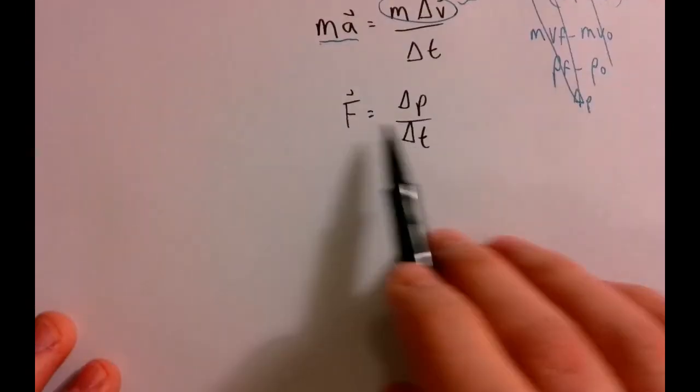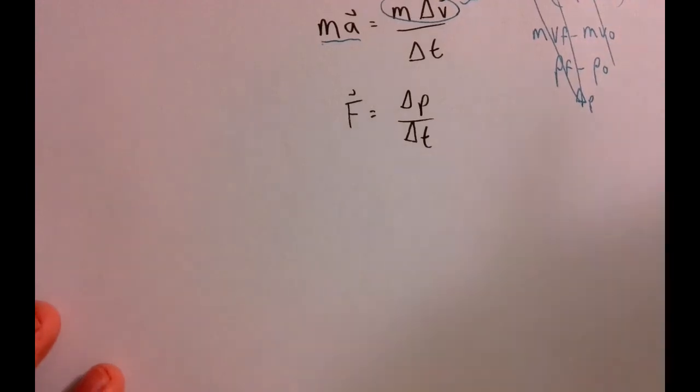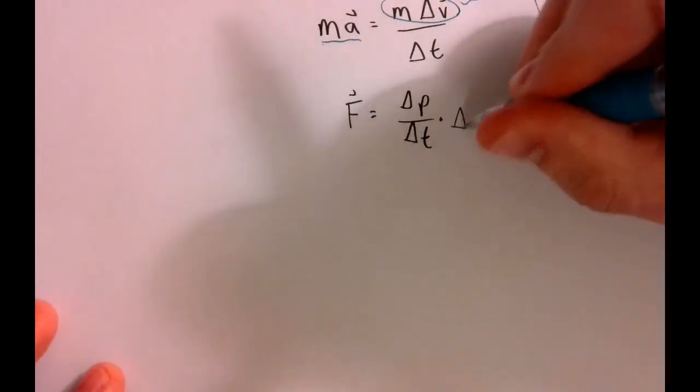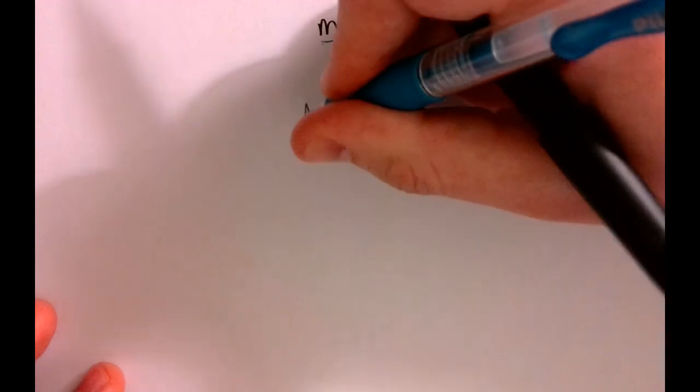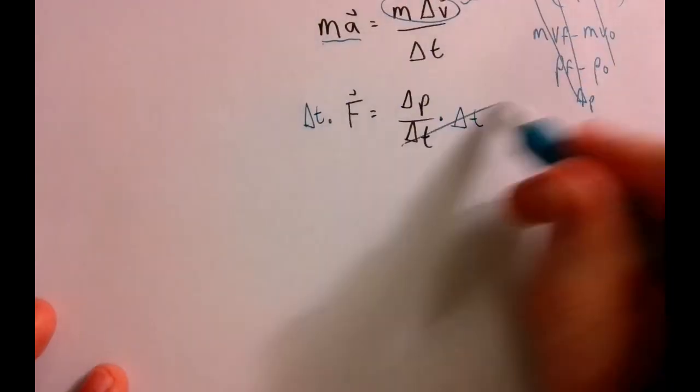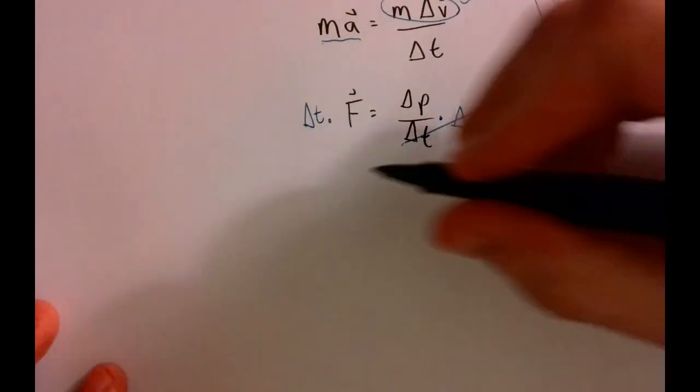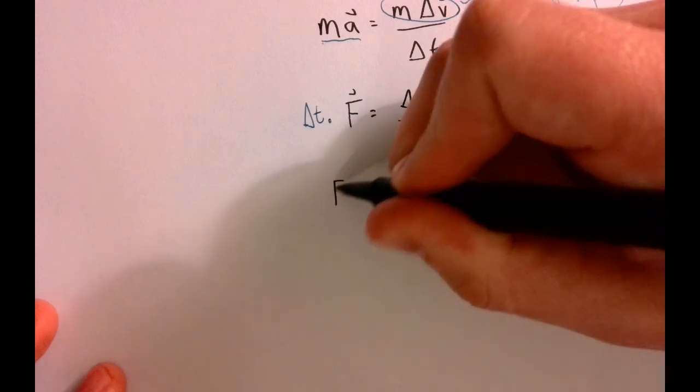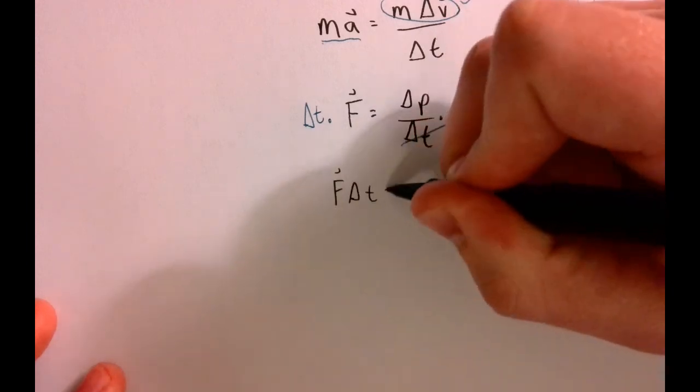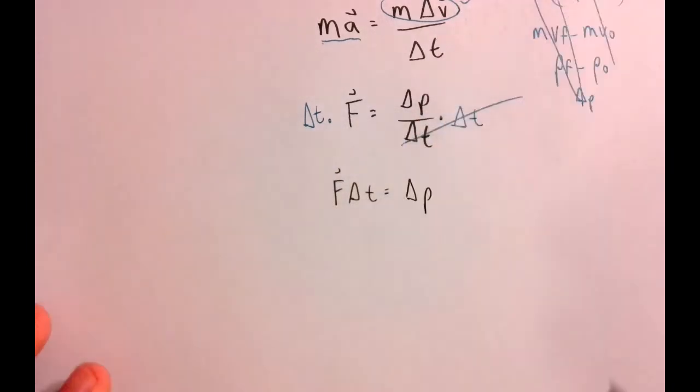So why don't I rearrange this so that force is multiplied by time? What I'm going to do is multiply both sides by delta T. This is going to cancel out, and we pretty much got it. There's impulse. There it is.